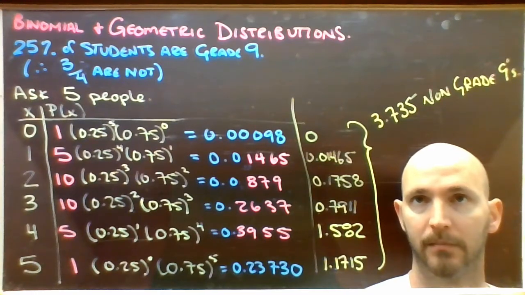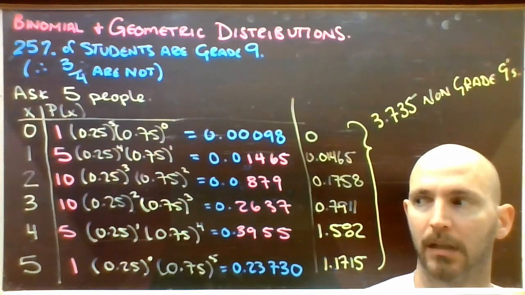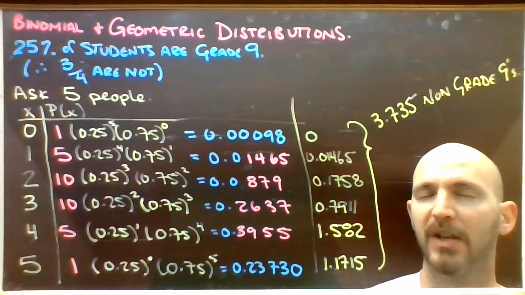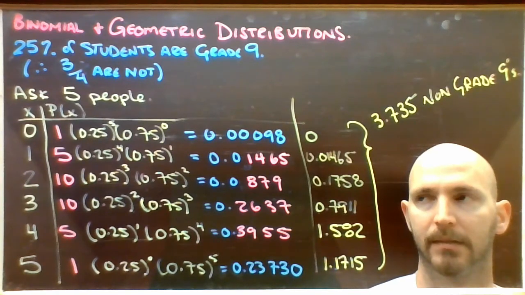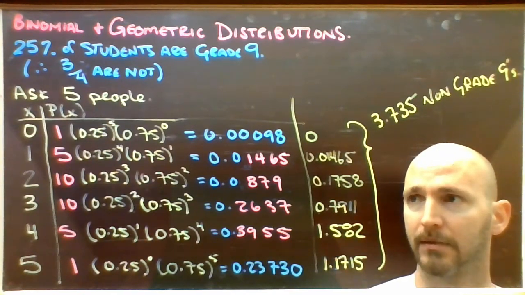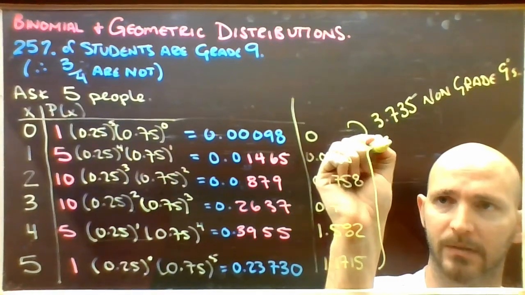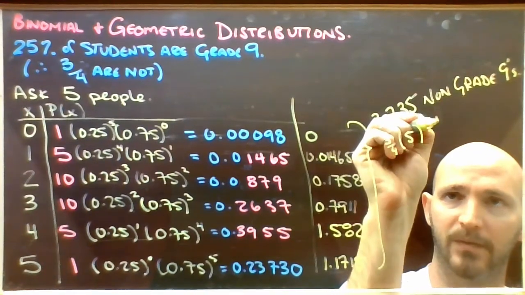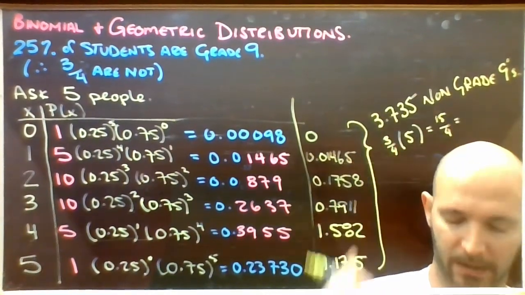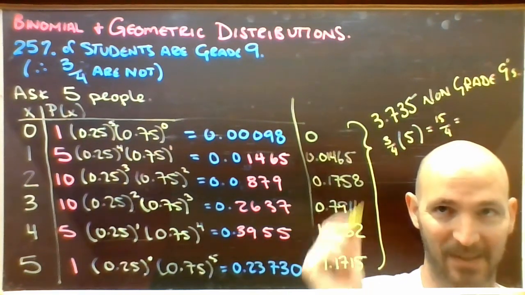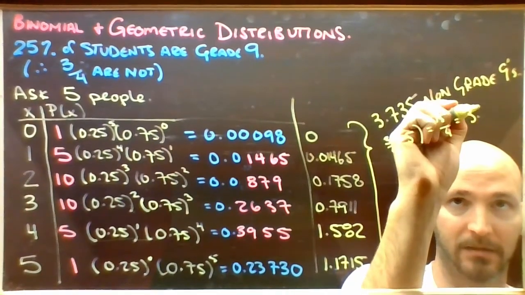All right. Okay. Now, if you were to think about that, though, if 3/4 of people are not grade 9s, and I ask 5 people, then 3/4 of those 5 people should not be in grade 9. Well, 3/4 of 5 is 15/4, and 15 divided by 4 is 3.75.